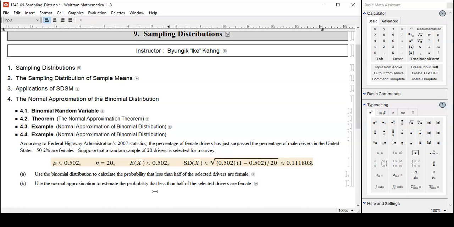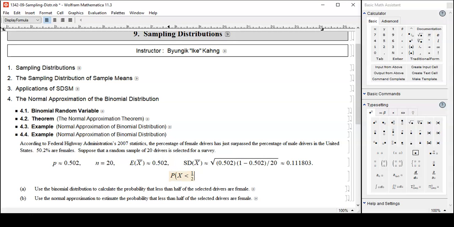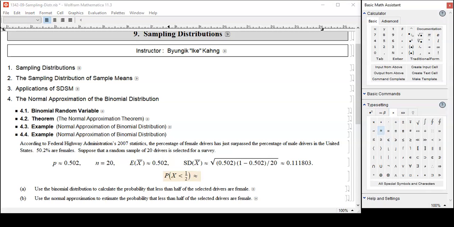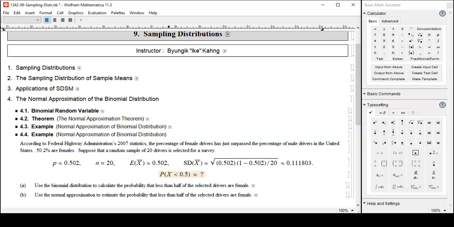The normal approximation to calculate the probability that less than half the drivers are female. Okay, so what do we want here? The probability that, is that what we want? Or less than half? So less than 0.5. All right.